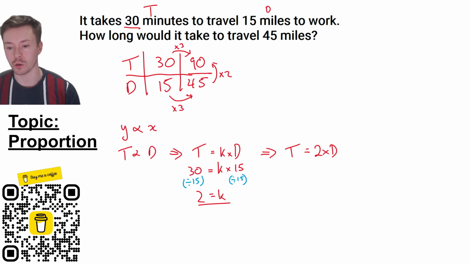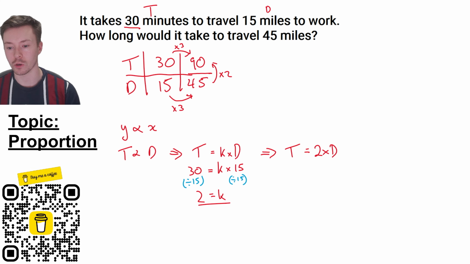Now, what we're going to do is we're going to substitute in P is 6. So, P is 6 is equal to 150 over T. Now, the next bit we need to do is now times by T on both sides. And then we're going to divide by 6. So we've got 6T is equal to 150.